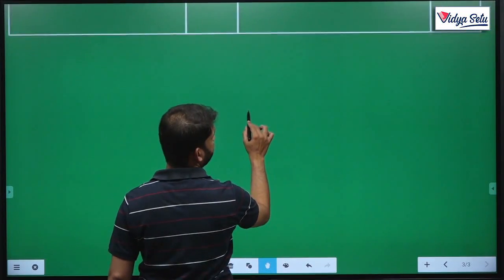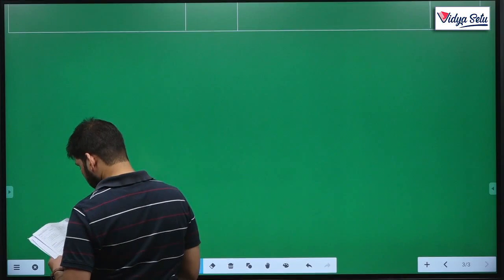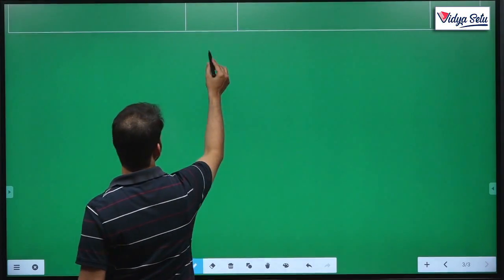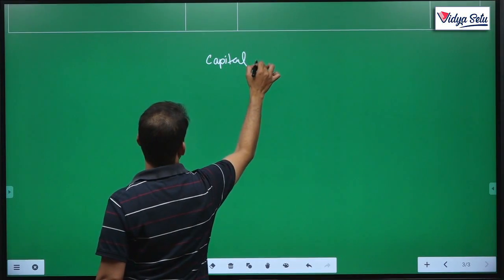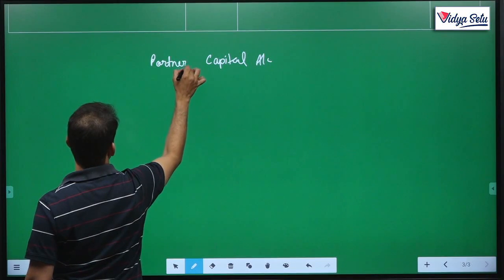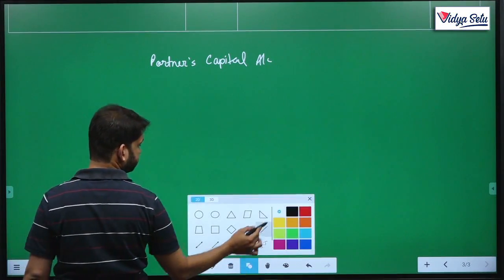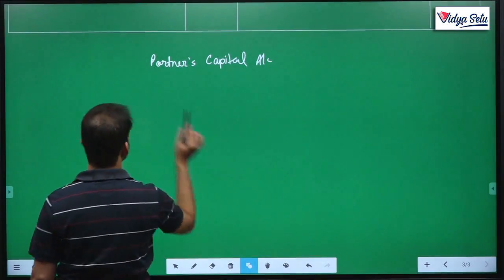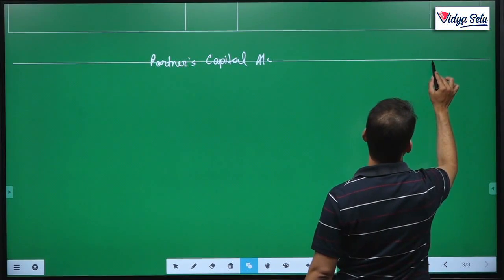Yes, we need capital accounts as well to find out the closing balances of capital, for Dinkar and Ravinder, the two partners.